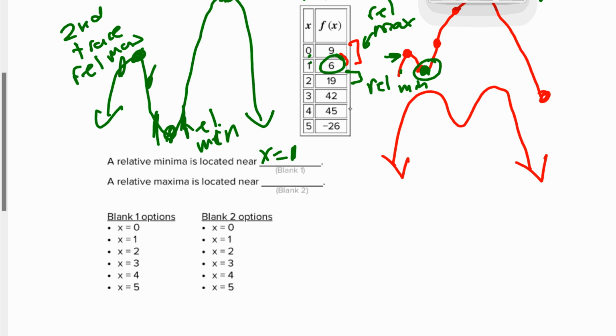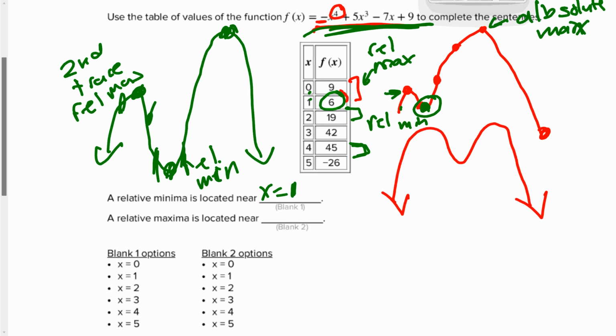So actually it wants right here. So it is actually after that one. So we went to 42 and then 45. So it's asking for that one. So this one actually up here is what it's asking for. That one right up here as we go to the top.